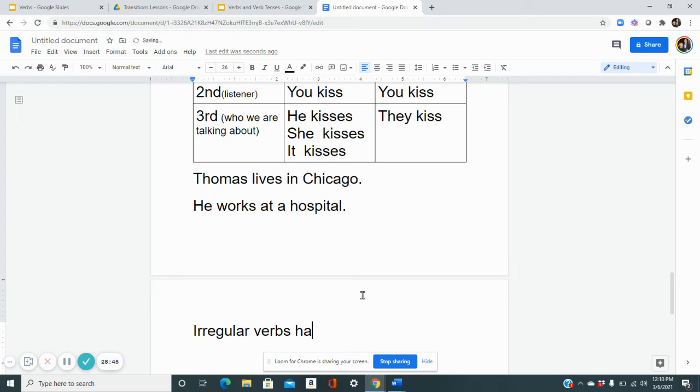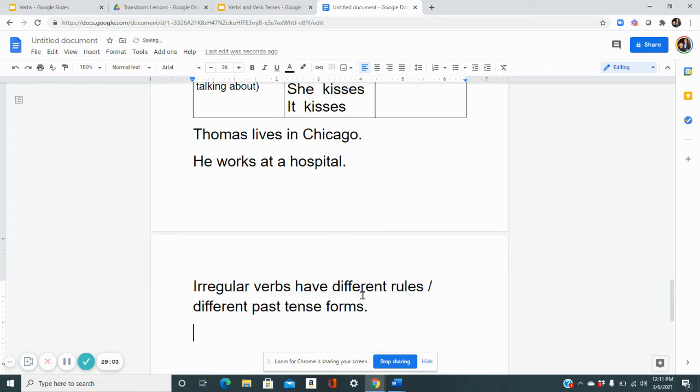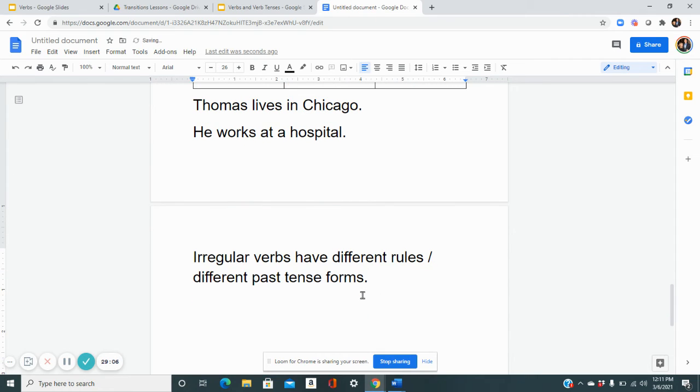Irregular verbs have different rules. They have different past tense forms. Like the verb eat.